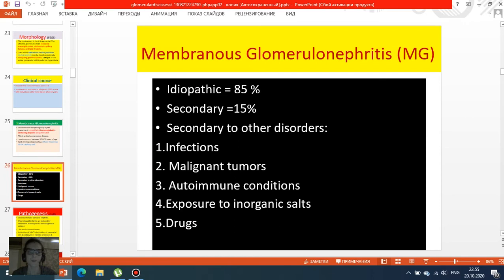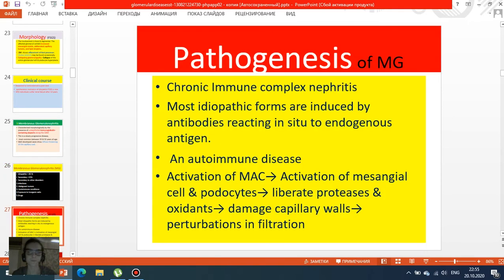Pathogenesis of membranous glomerulonephritis is based on chronic immune complex nephritis. Most idiopathic forms are induced by antibody reaction in situ to endogenous antigen and autoimmune disease, activation of MAC, activation of mesangial cells and podocytes, which liberate proteases and oxidants, damage capillary walls, and cause perturbation in filtration.